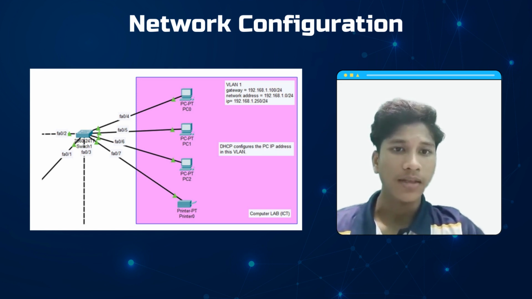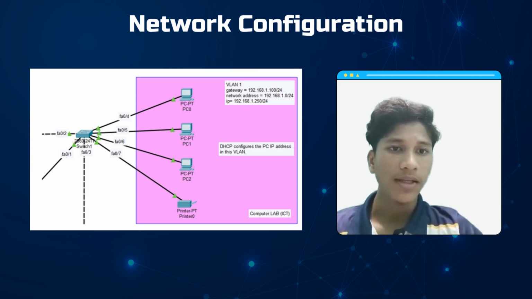The gateway for VLAN 1 is set as 192.168.1.100/24 with the network address as 192.168.1.0/24 and an IP of 192.168.1.250/24. However, for this room, the DHCP server in the server room, VLAN 3, configures the PC IP address in the R&D lab, VLAN 1.